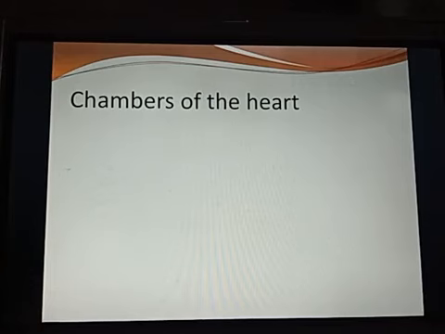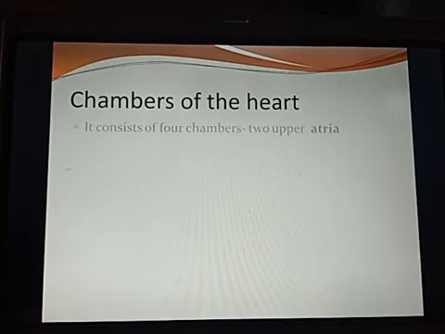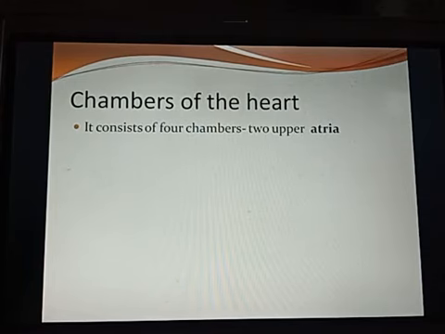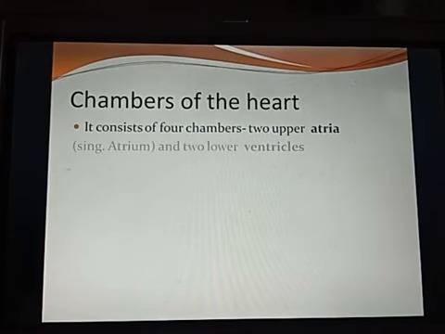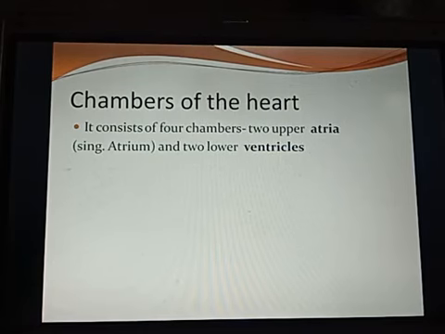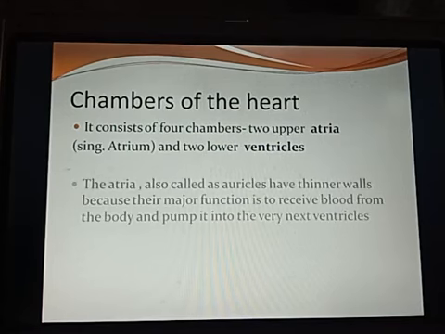Chambers of the heart. When we are talking about the mammalian heart, that is the heart of the human, how many chambers are present? There are 4 chambers present in the heart. It consists of 2 upper atria, which are called auricles, singularly also called the atrium, and 2 lower ventricles.